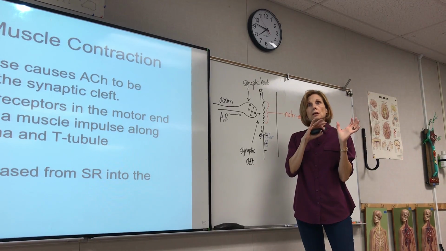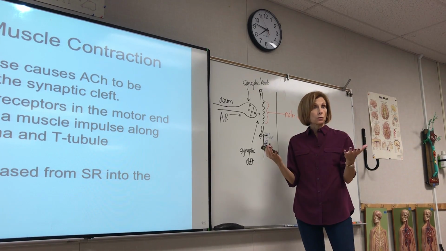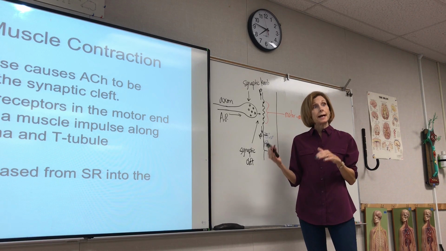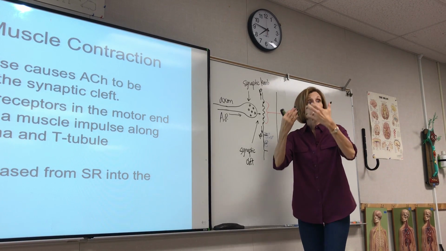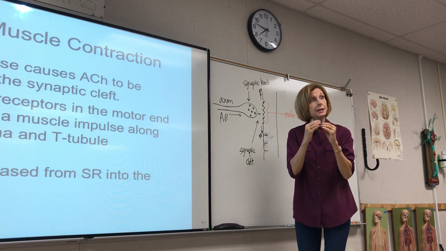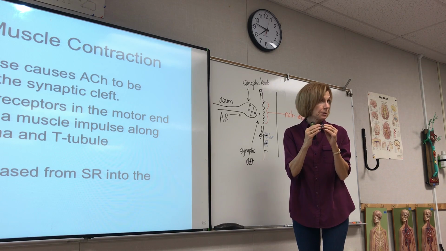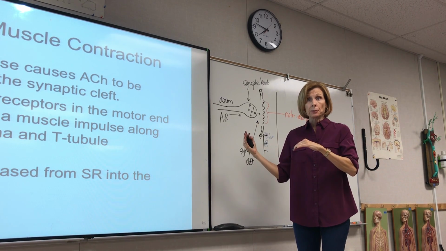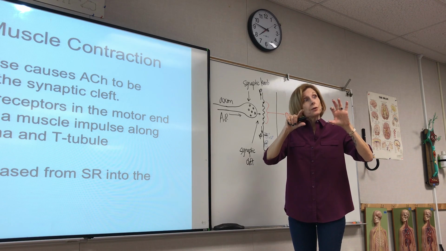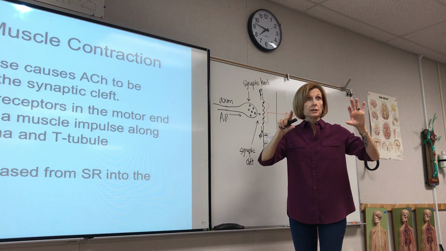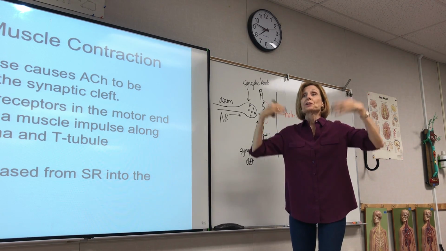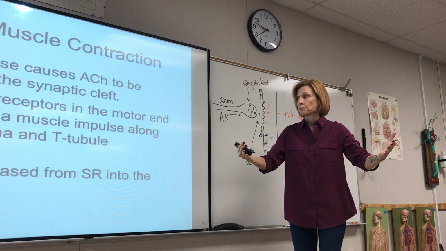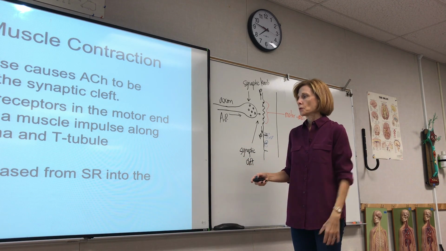The electrical current or action potential traveling along the axon triggers the release of acetylcholine. The binding of acetylcholine to the motor end plate triggers that electrical current in the muscle fiber. As the electrical current or action potential travels along the sarcolemma, that triggers the release of calcium, right? Okie dokie.